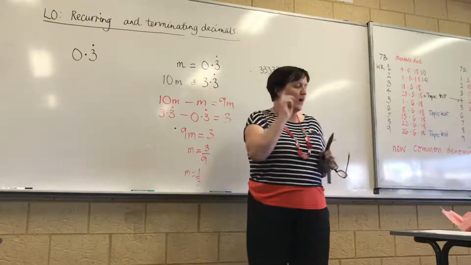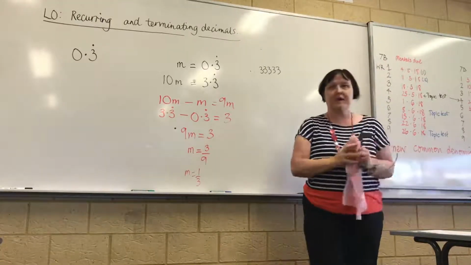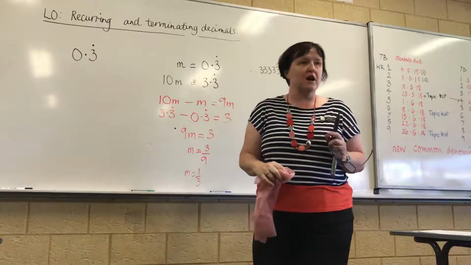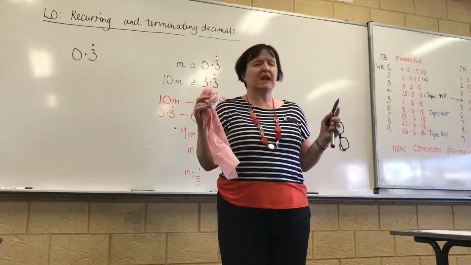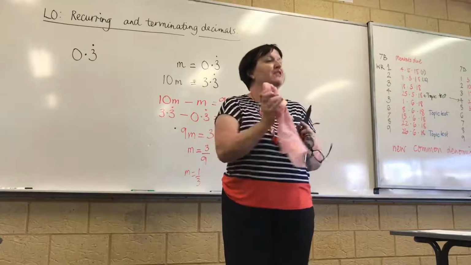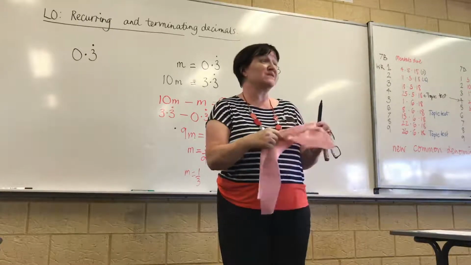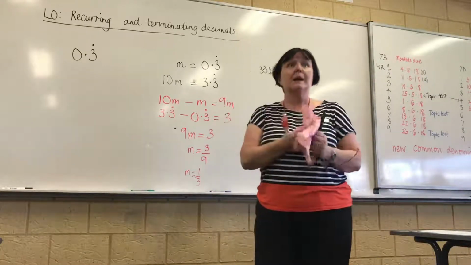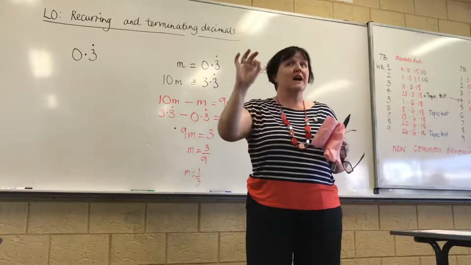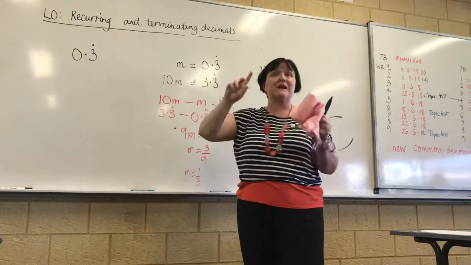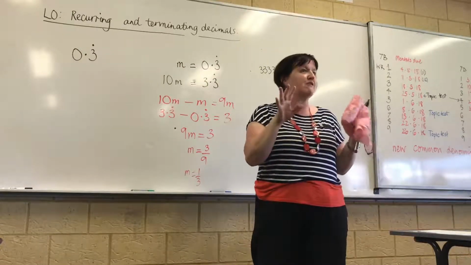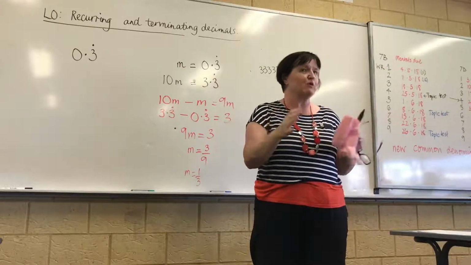Now, when I did this last year with my other class, for about 3 examples, I had people looking at me as if to say, are you actually speaking in English, Mrs. Richmond? This is probably one of the trickiest things we'll have done so far this year, because it involves a conceptual thing about recurring decimals, but it also involves rearranging equations to solve them.